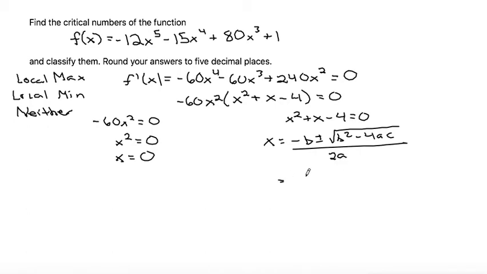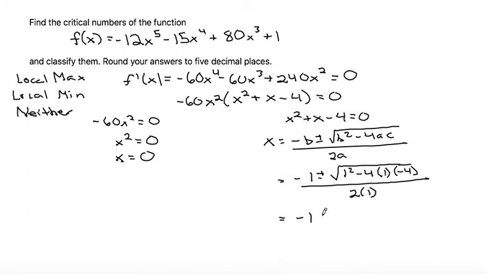So plugging that in would be negative 1 plus or minus the square root of 1 squared minus 4 times 1 times negative 4, all over 2 times 1, which is negative 1 plus or minus the square root of 1 plus 16, which is 17, over 2. And we just need to find these to 5 decimal places.